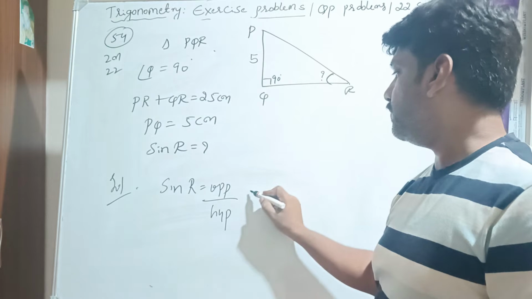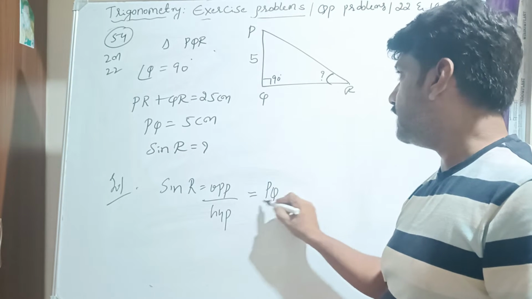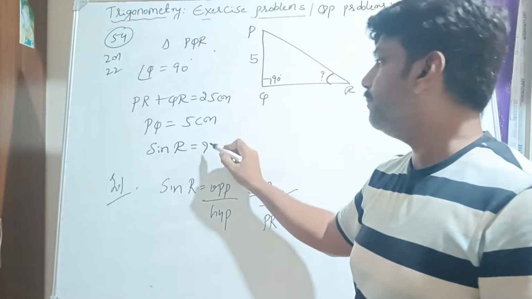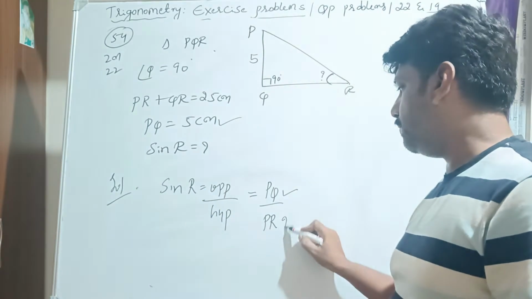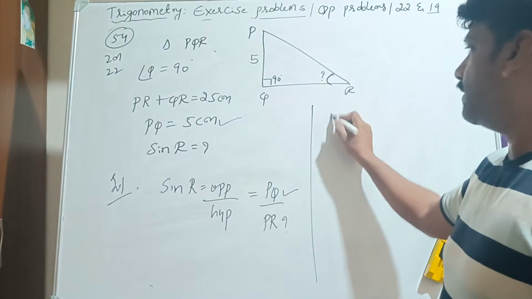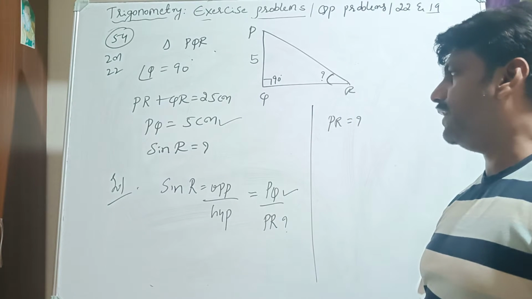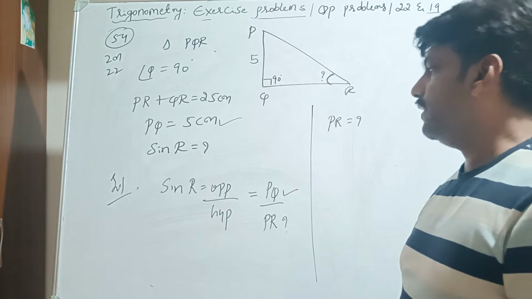In this case, what is opposite? PQ. What is hypotenuse? PR, right? So PQ you know, PR I don't know. So I should first calculate what is PR so that you can easily calculate sine R, right?